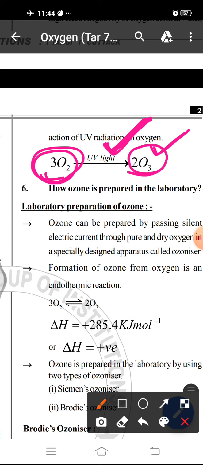Then how can ozone be prepared in the laboratory?